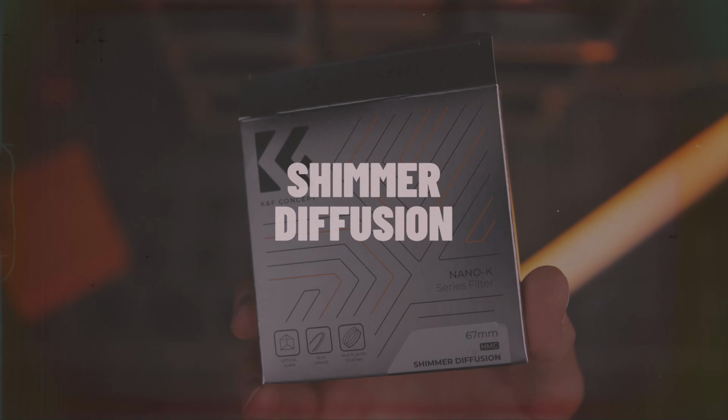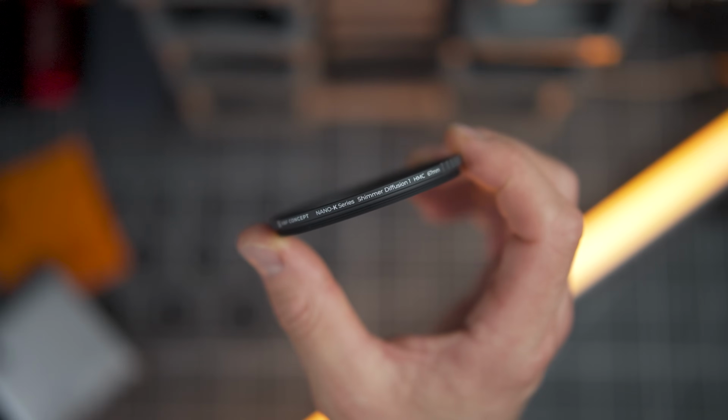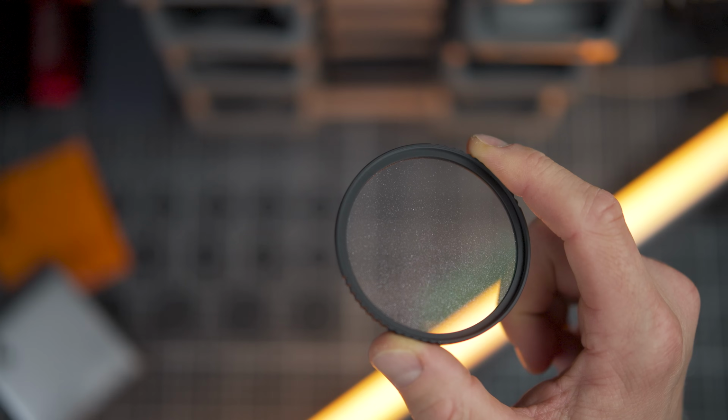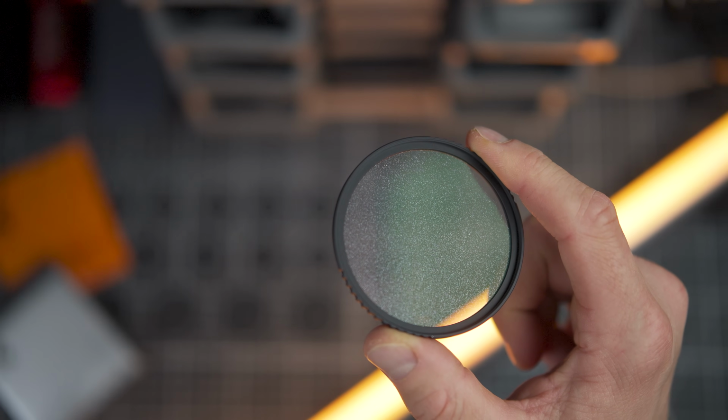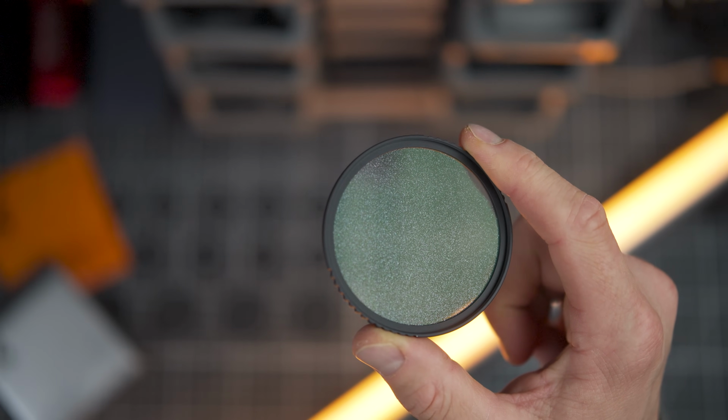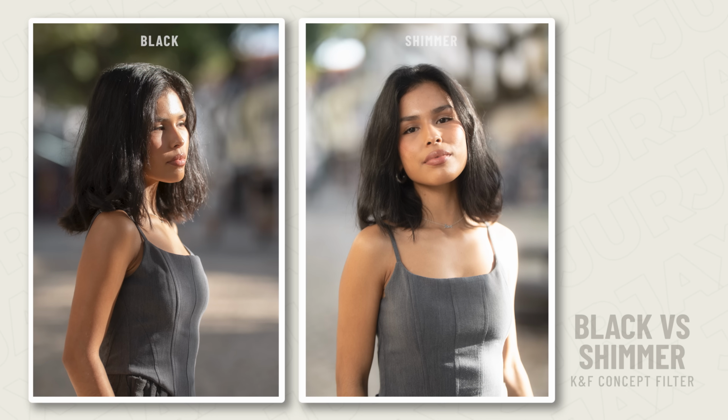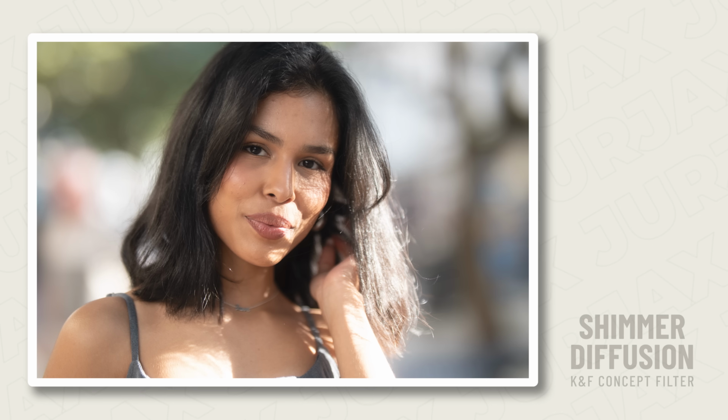So a Shimmer Diffusion filter works similar to a Black Diffusion filter, but with one key difference. It adds a subtle texture glow instead of just softening the image. While Black Diffusion mainly reduces the contrast and blooms highlights evenly, the Shimmer Diffusion creates a more organic, sparkling effect, especially in bright areas. And you can see that on Natalie's skin here.